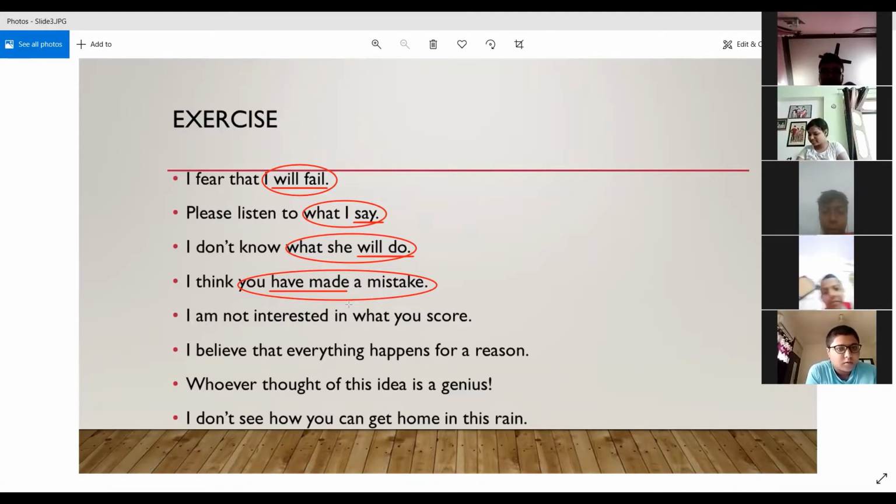So the answer will be "what you score." If you say it is a clause, then it should have a verb in it. So what is the verb in "what you score"? Sir, score. Yes, the act of scoring, because a person must be playing, so he will score.